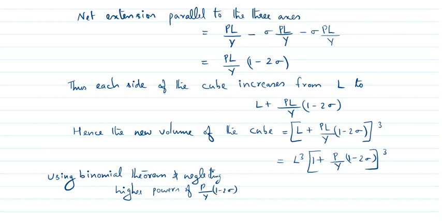We can write this as L cube, and this one will come as 1 plus 3P divided by Y, 1 minus 2 sigma. This is the term that we get.